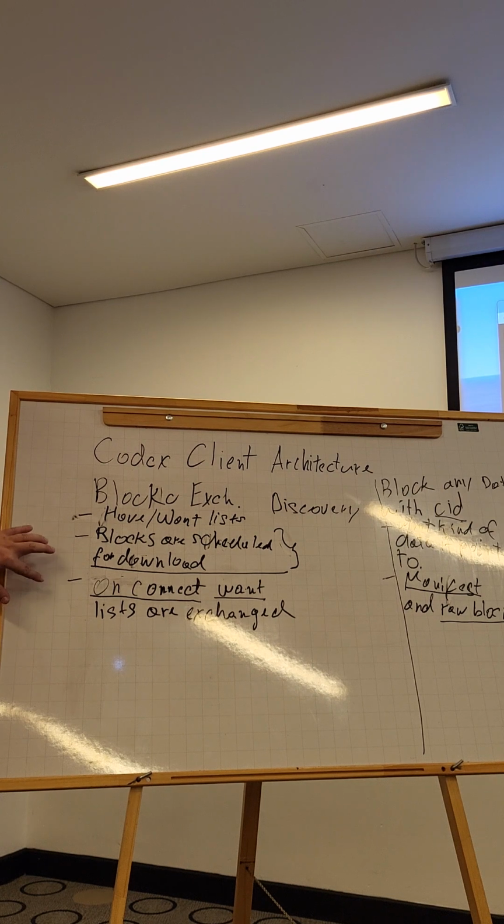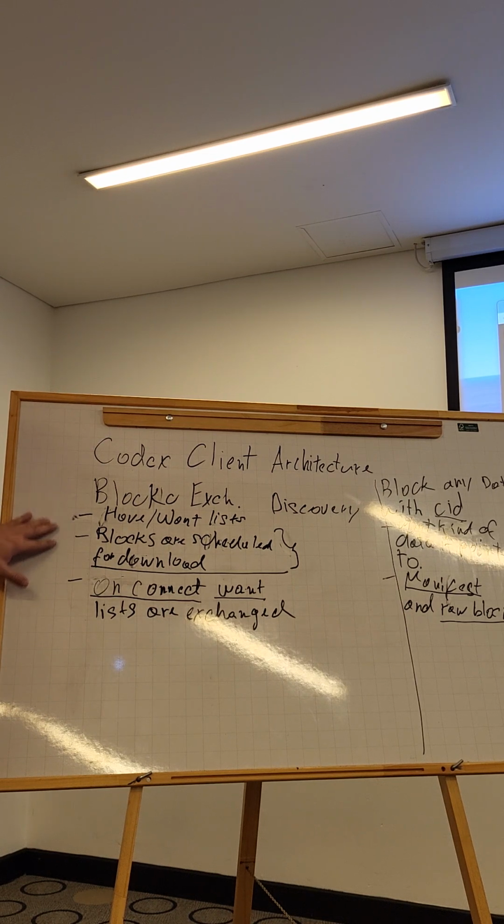Where the discovery piece comes in is that you send the want lists to the nodes you're already connected to on connect, and then you keep sending them periodically when you learn of a new block, right?